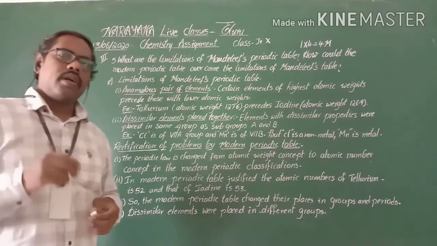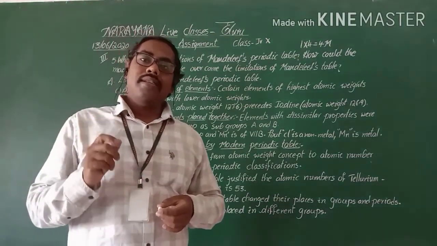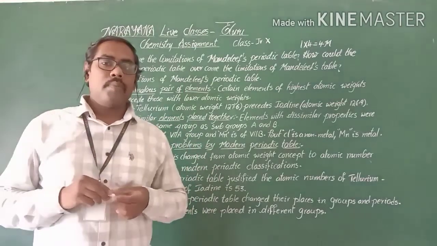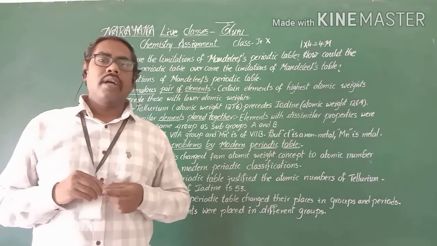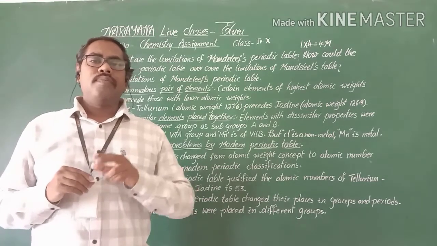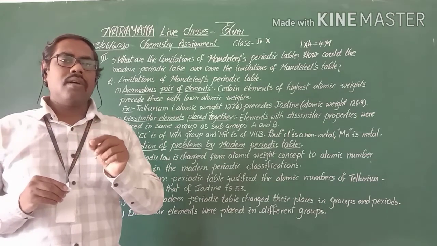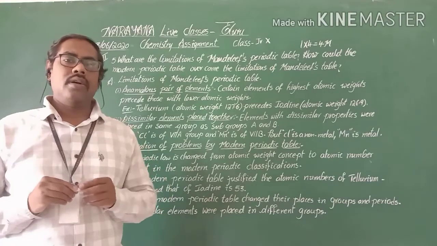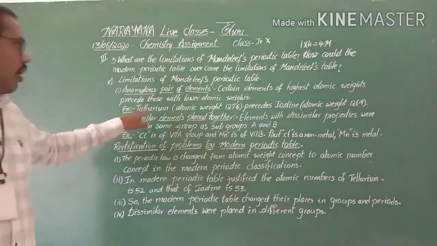In the modern periodic table, the elements are arranged in the increasing order of their atomic number, but Mendeleev arranged the elements in the increasing order of their atomic weight. So when the elements are arranged by atomic number, the defect of the anomalous pairs is rectified. For example, in the case of tellurium and iodine.